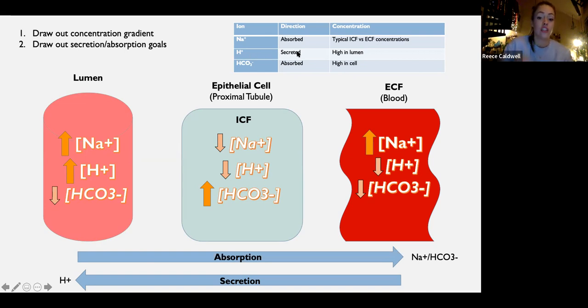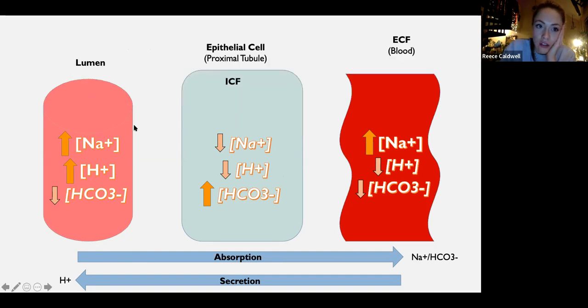So we're secreting hydrogen. So let's go ahead and work through how we can absorb sodium and bicarb and how we can secrete hydrogen. And how we're going to do so is with those four transporters given. So the first one we're working with is the sodium channel.